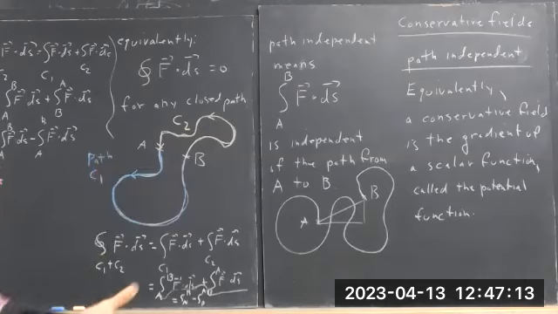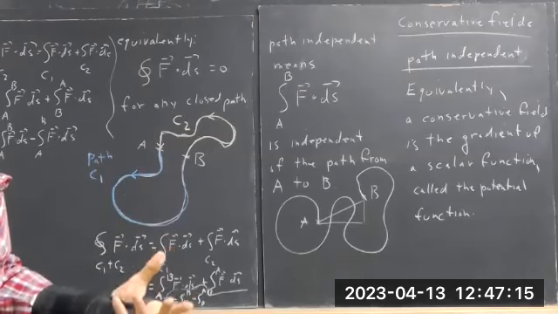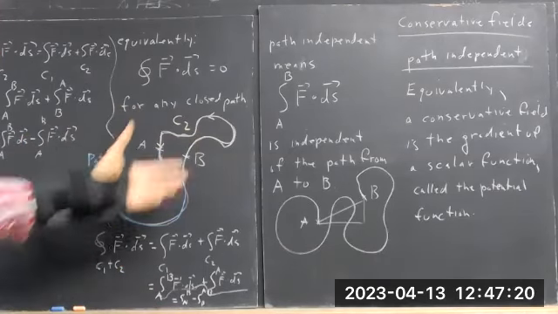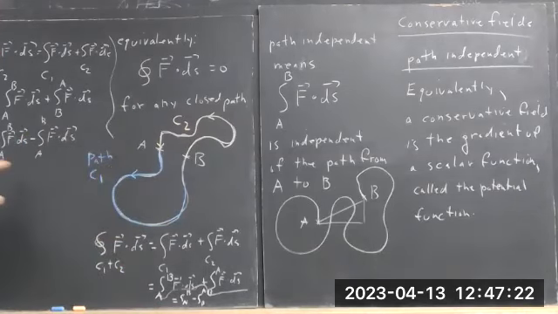And hopefully you understand what a line integral is well enough to know why this works for line integrals too. We reverse the direction of our path, we get the negative, and of course then this is just zero.